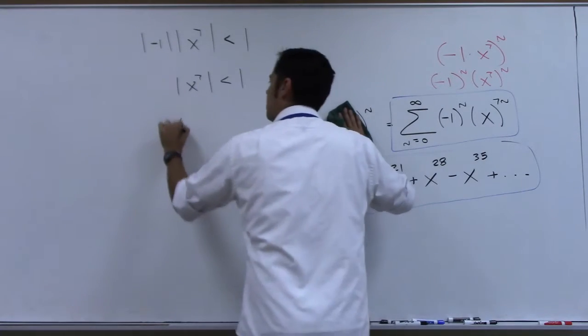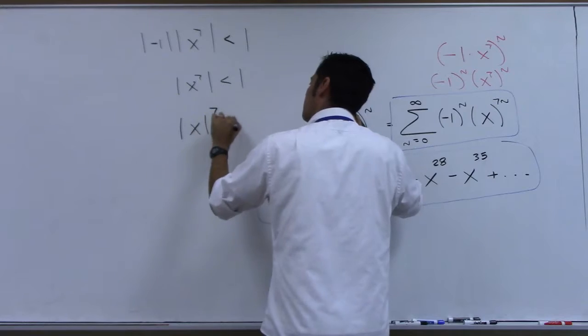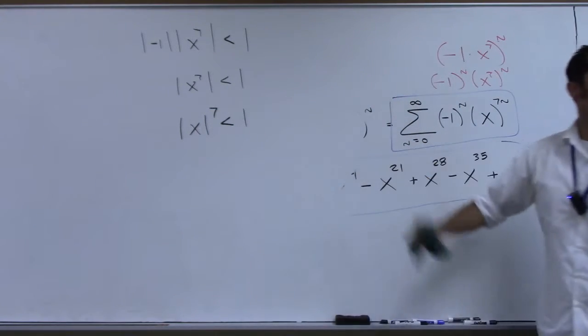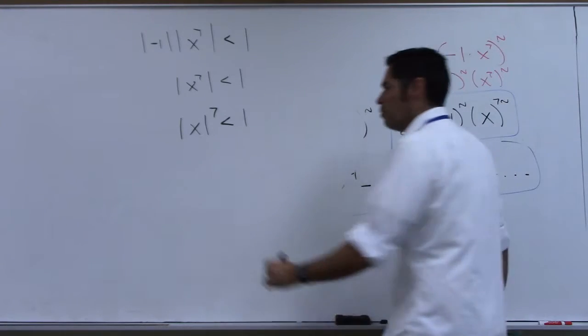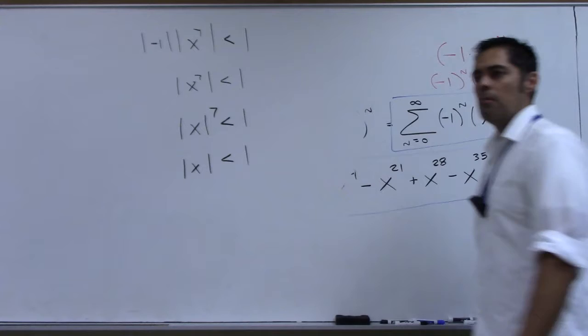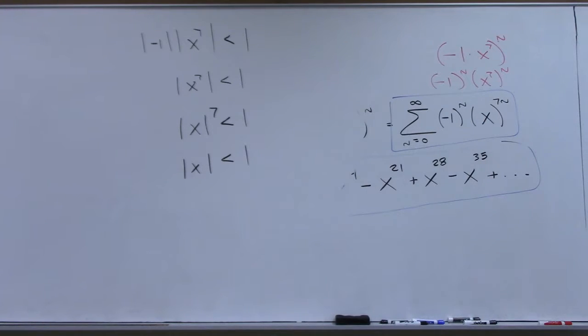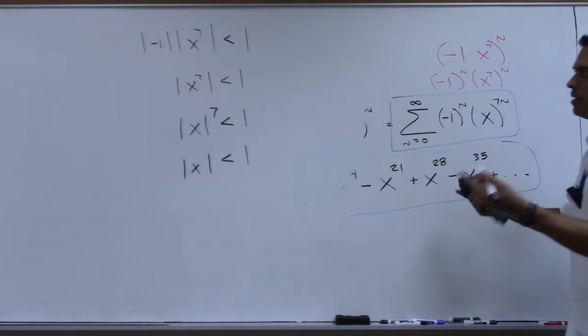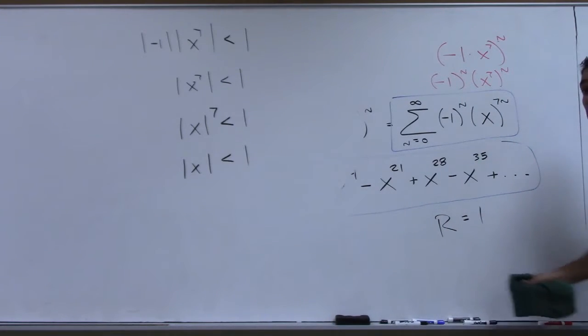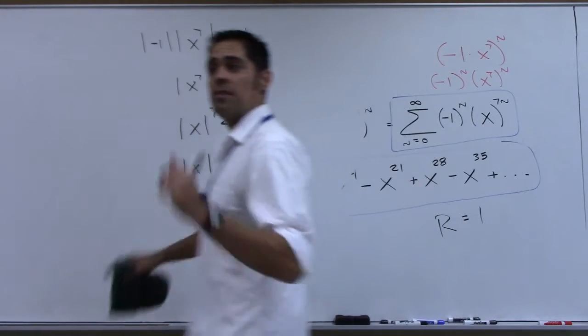And then you can take the 7th power outside the absolute value, and then you take the 7th root of both sides. And what's the 7th root of 1? It's 1. So our radius of convergence is still, what? Well, what is it here? 1? So the radius of convergence is 1. So that means I've got to pick numbers between -1 and 1 for this to work.